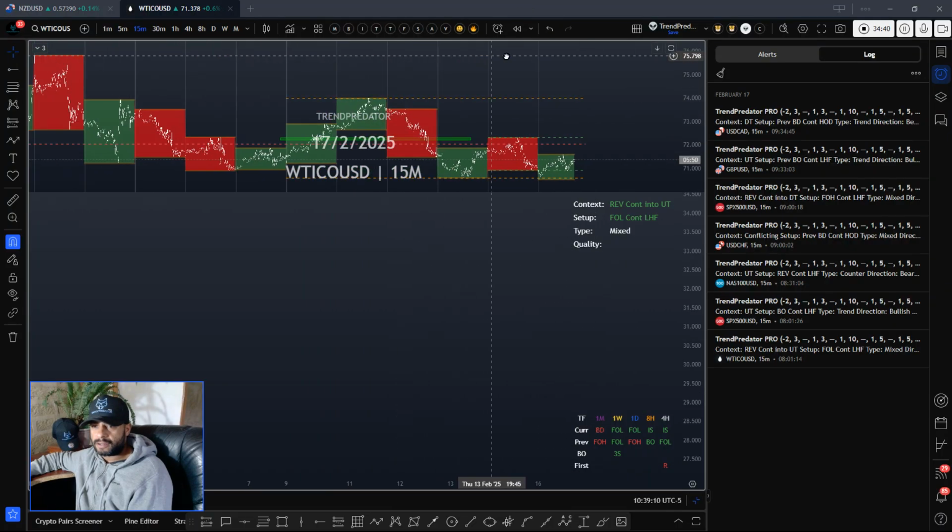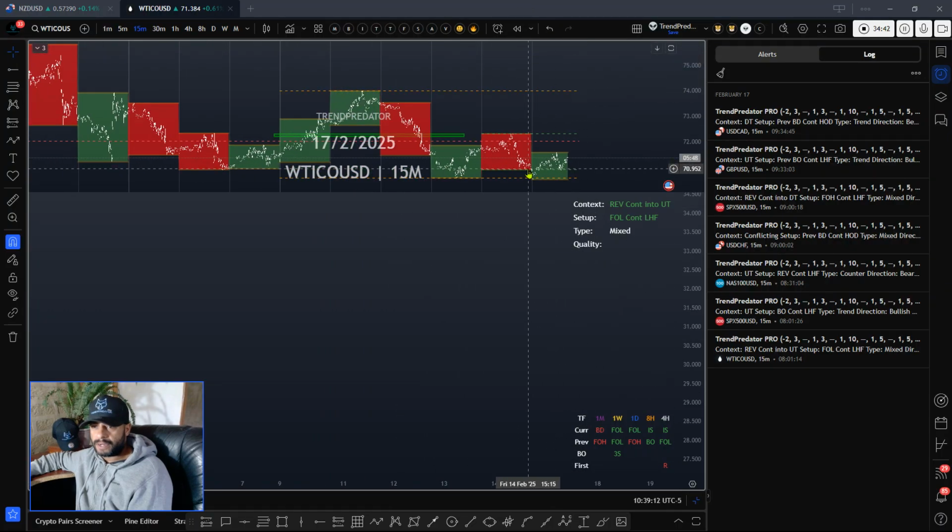As you can see, the price is in a bullish day, but Friday was a bearish day. So fake out high. It rallied on Friday and then came back inside of Thursday's highs. And then today we broke down below Friday's low, and then we've pumped up. It's a fake out low. So it's a bit mixed.